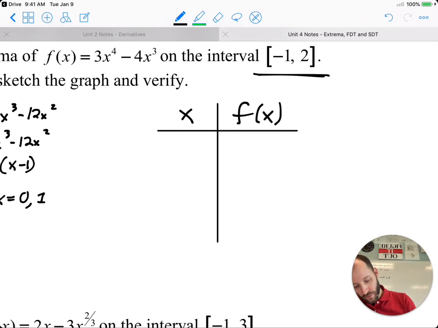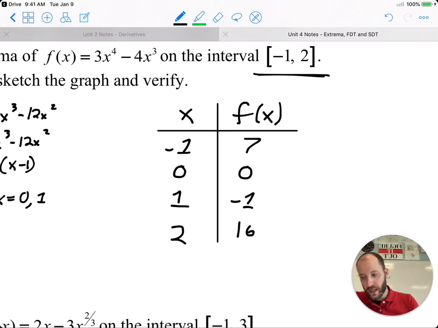So -1, 0, 1, and the other endpoint, 2. Plug those into f(x), get 7, 0, -1, and 16.